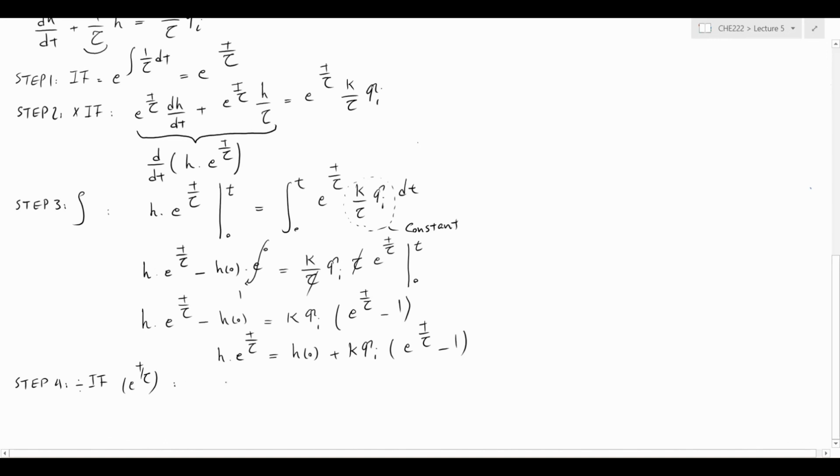So it results in h is equal to h0 times e^(-t/tau) plus k qi times (1 minus e^(-t/tau)). If you refer to the notes from the previous lecture, you'll see that this is the function that we obtained for the elevation of liquid inside the tank.